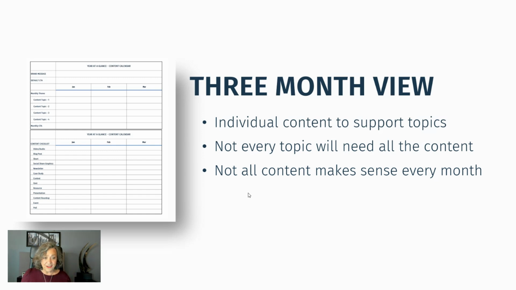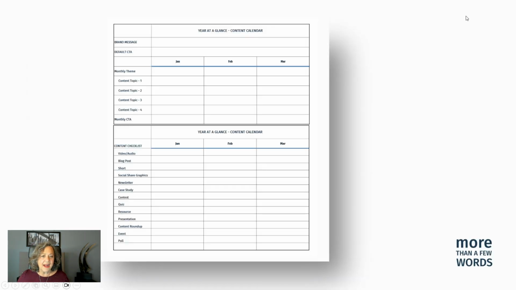You don't have to do every single one every month. But what you want to do is go ahead and take a look at the content. Look at what are your topics? What are we going to talk about this month? And what makes sense?